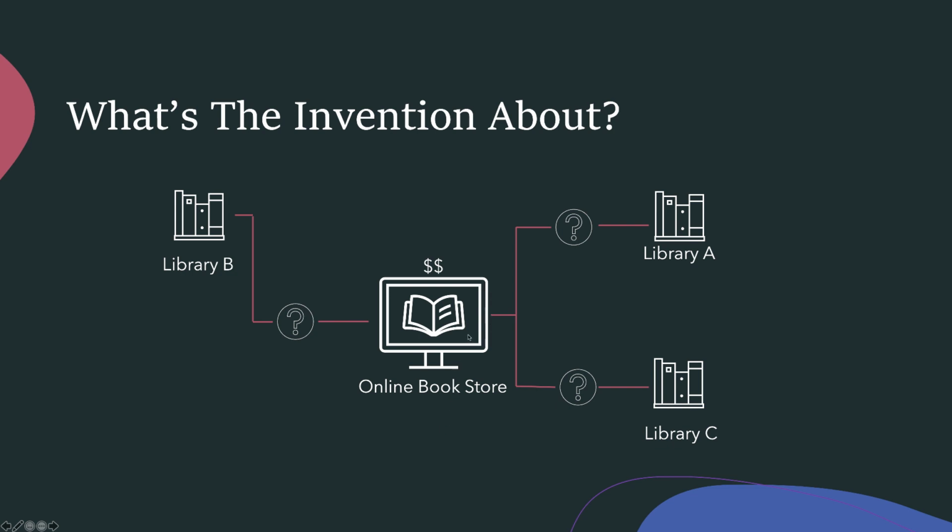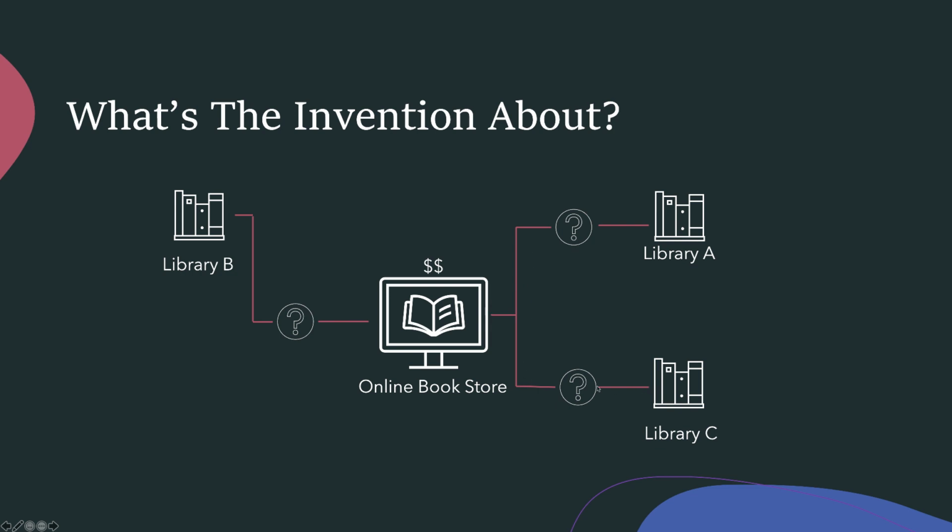Suppose you are searching for a book to buy on an online store, say Amazon, and then there will be a system that will capture what you are searching, and if you are searching for a book, then it will check whether you really need to buy that book, or you can get that book from a library which may be in your city.